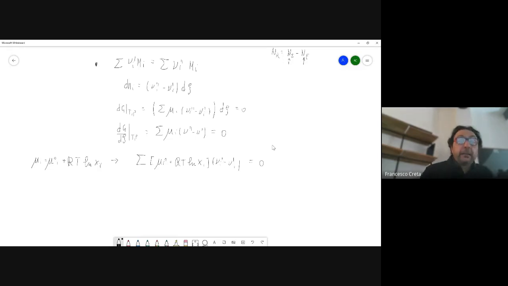Bear in mind that this is a condition of chemical equilibrium. Therefore, if you look closely, this composition here, x_i in terms of mole fraction, is really the equilibrium composition, okay? So bear this in mind.